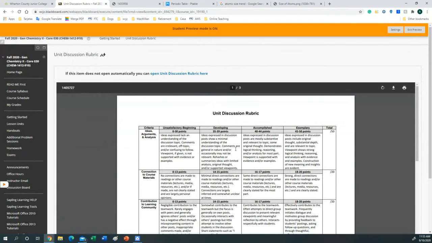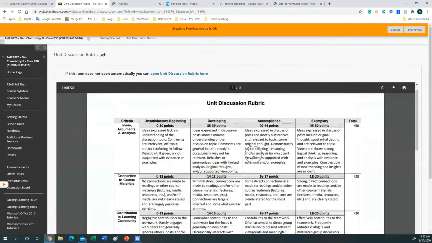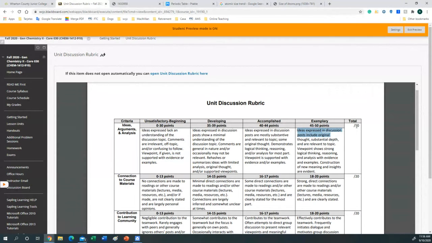So when I grade the participation, I'm going to base the grading on this rubric. So it is pretty clear for you how many points you will get if, for example, your ideas, argument, and analysis lack understanding and discussion, you might get from 0 to 30 points. But if you were excellent, you will have 45 to 50 points out of 50, right?